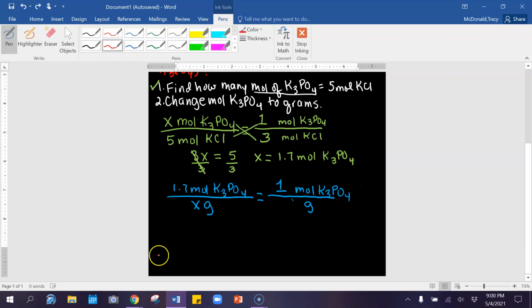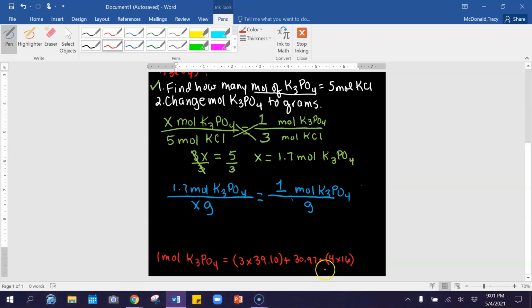So according to my chem helper, 1 mole of K3PO4 is equal to 3 times 39.10 because I have 3 potassiums. I'm going to add 1 phosphorus, which is 30.97, and I'm going to add 4 oxygens. So that's 4 times 16.